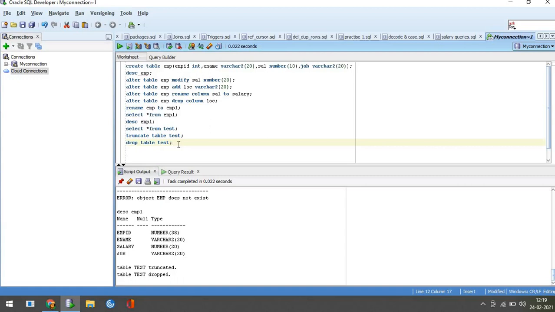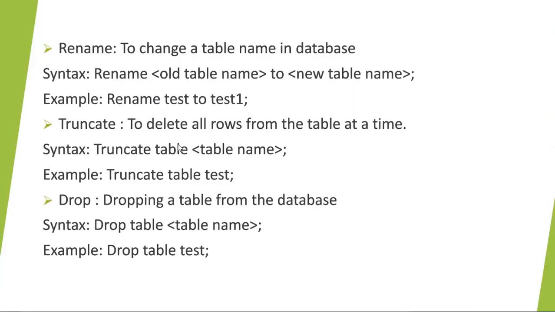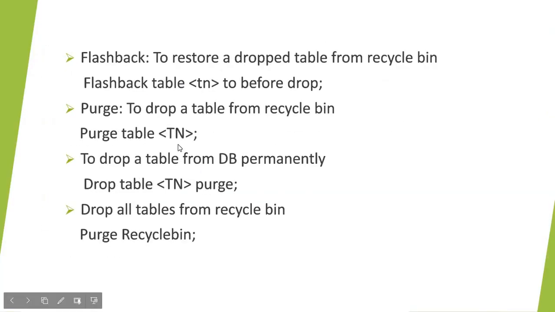If you want to restore the test table back, I will show once. If you think it was dropped by mistake or anything, and you want to restore the table back, we use this flashback command. To restore a dropped table from the recycle bin, we use this flashback command.